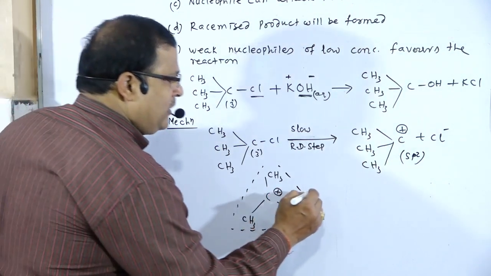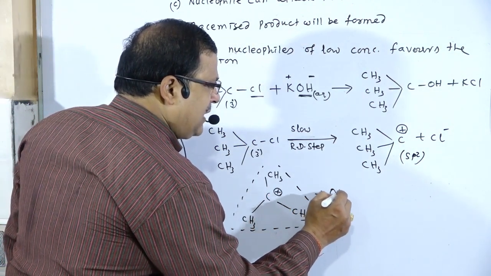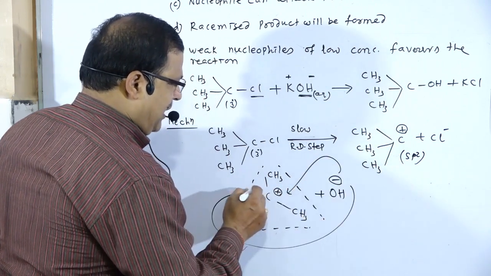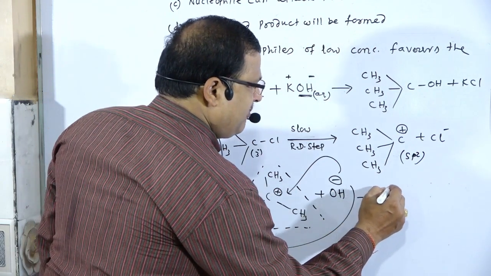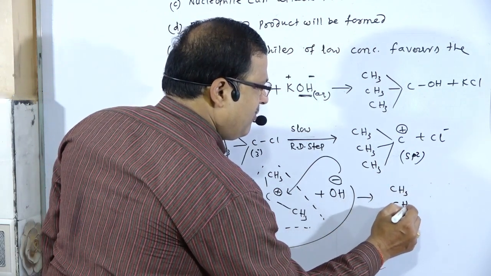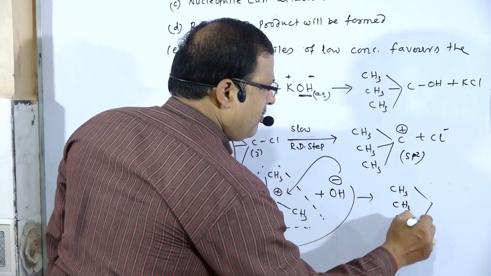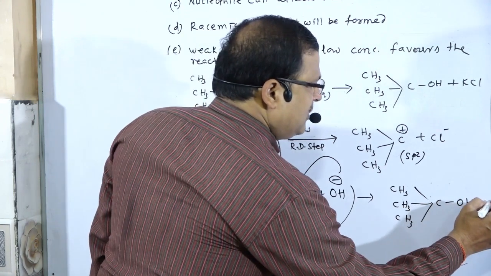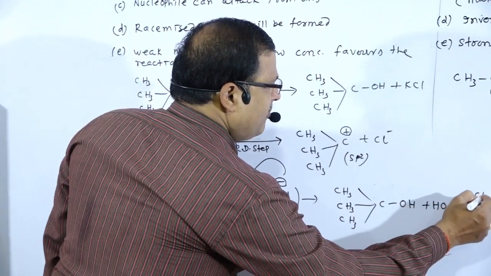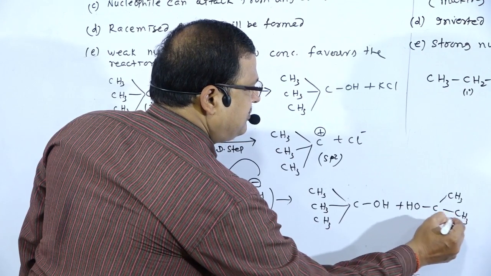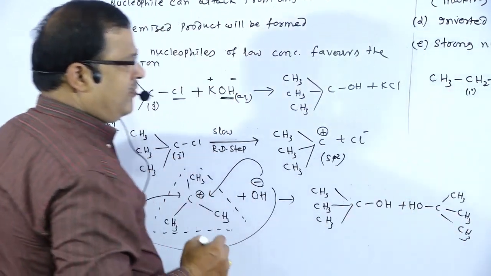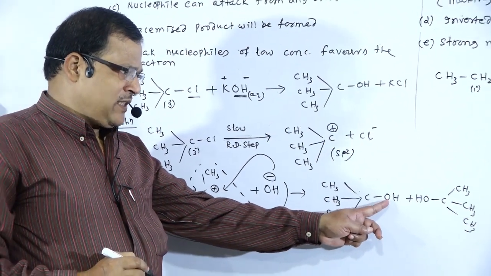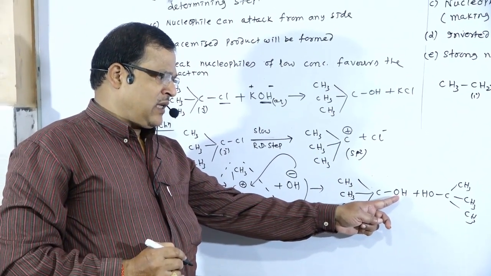So the nucleophile OH minus can attack either from the front or from the back. So that is the formation of this product, OH or OH. The halogen atom is removed from this point and the nucleophile is attached to that point.